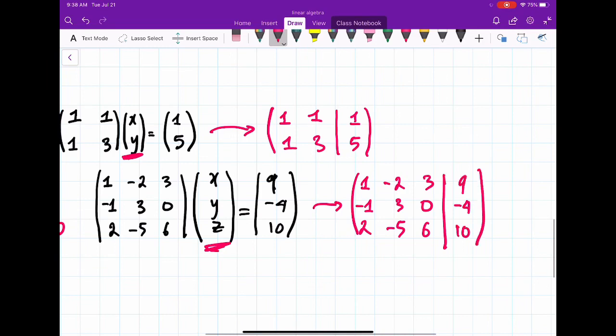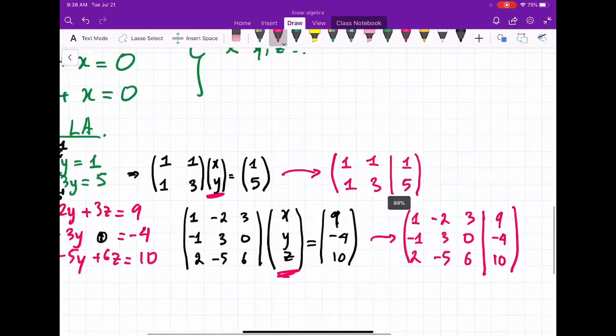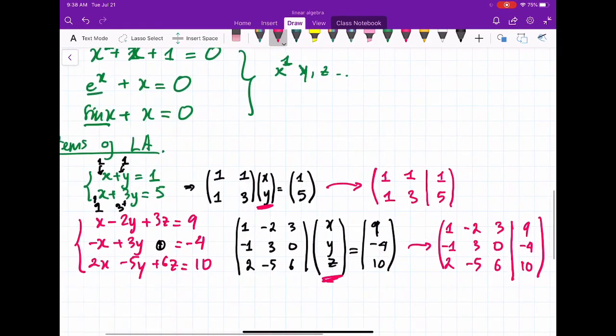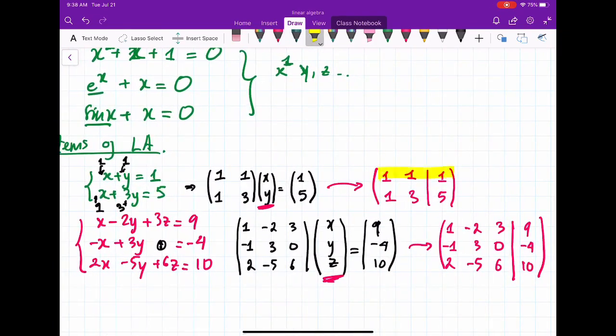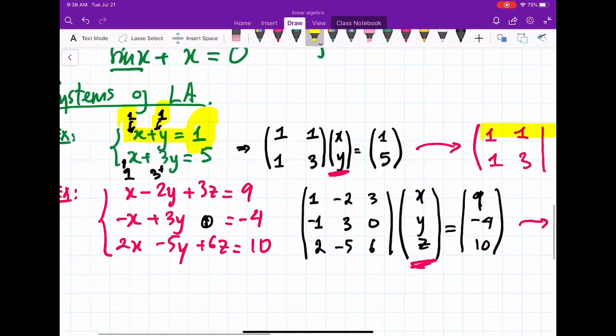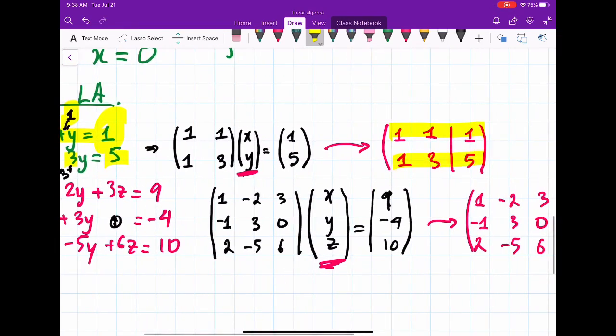That's it. So if you pay attention, what is 1, 1, 1 in this case? 1, 1, 1 is from here, the coefficients 1 and 1 right here. Is that correct? So what is 1, 3, 5? 1, 3, 5 is right here, the second equation. So that makes sense, right?